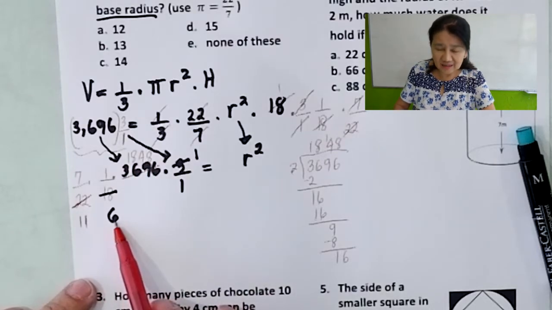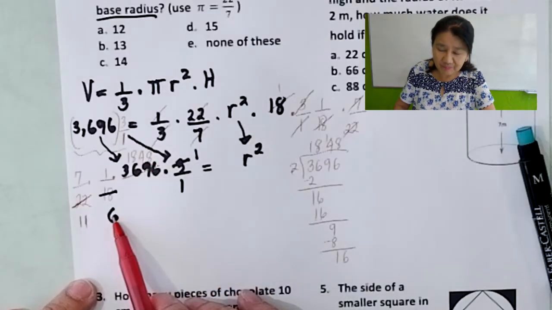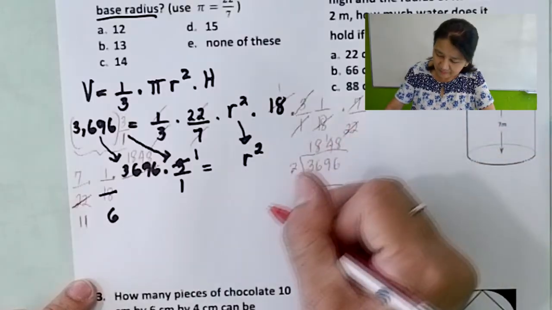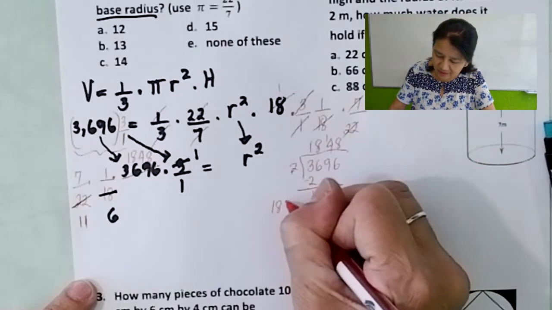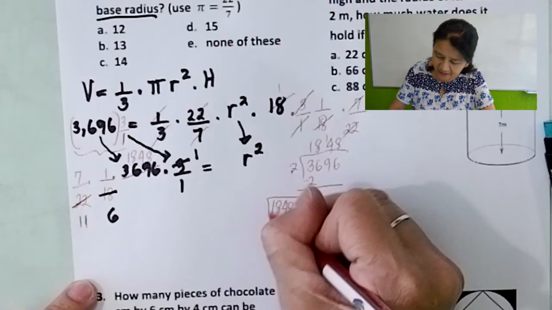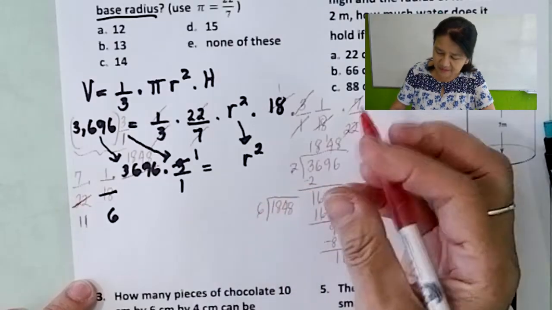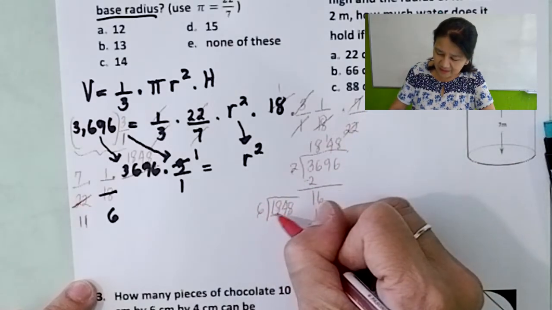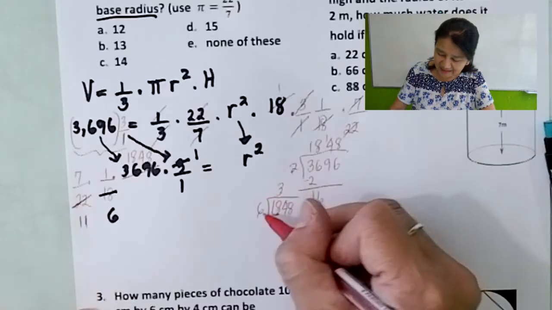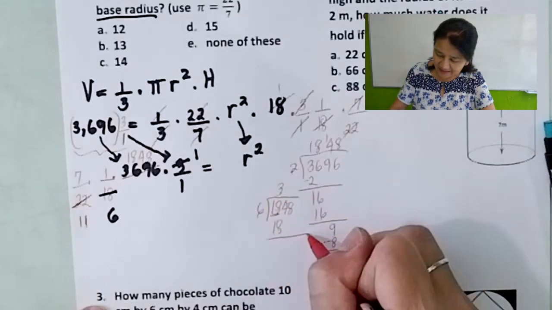This is even again, and this is even. You can try dividing by 2, but we can try dividing by 6. 1,848 divided by 6. We get 18 divided by 6 is 3. 3 times 6 is 18.